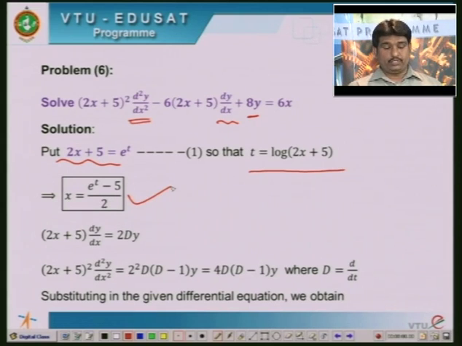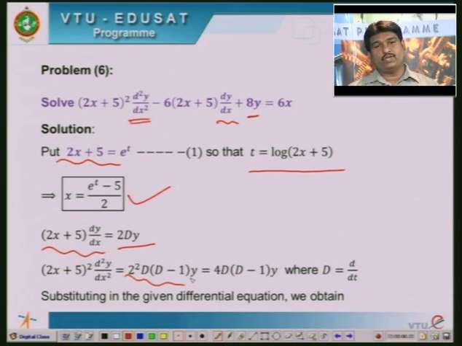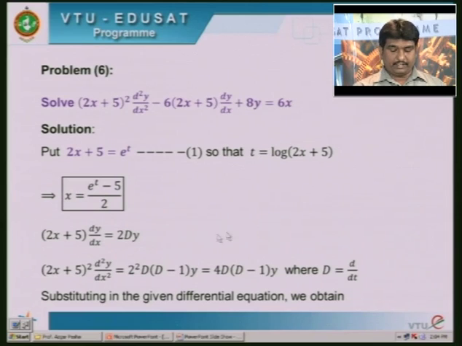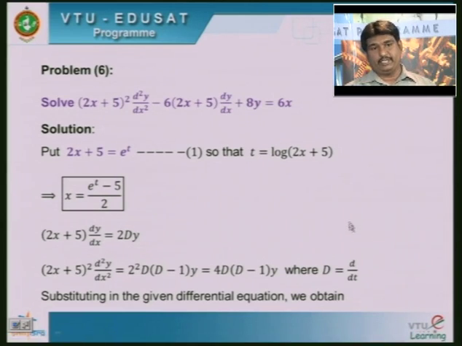With this substitution, terms like (2x + 5) dy/dx get converted to 2Dy, and (2x + 5)² d²y/dx² gets converted to a² D(D − 1)y, where a is 2, so 2² is 4, 4D(D − 1)y, where D represents the derivative with respect to the new variable t.